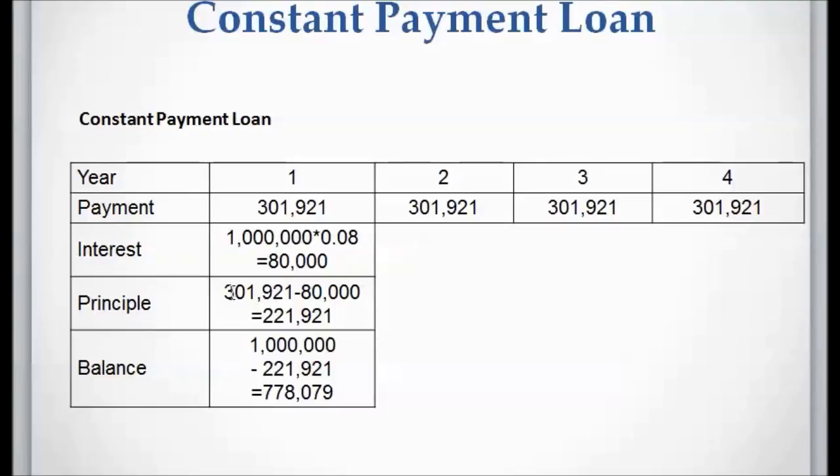And then principal equals payment minus interest, which gives us the principal at year 1. And the balance equals the balance of the previous year minus the principal that is paid, which gives us the remaining balance.